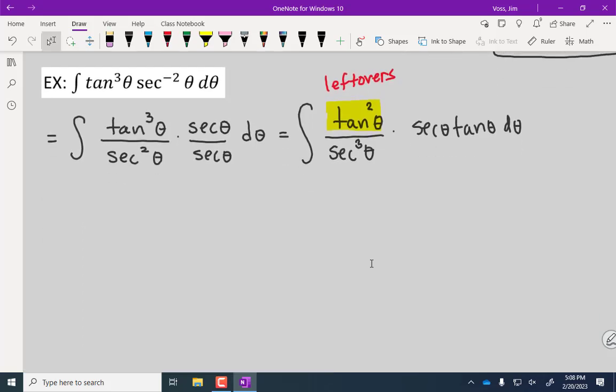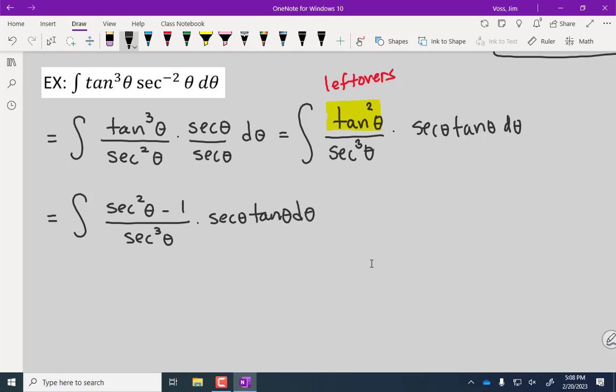Okay, so let's convert those tan squareds. Tan squared is secant squared minus 1. So we're going to have secant squared minus 1 over secant cubed, and then secant tangent. So now we can let u be secant, which means du is sec tan.